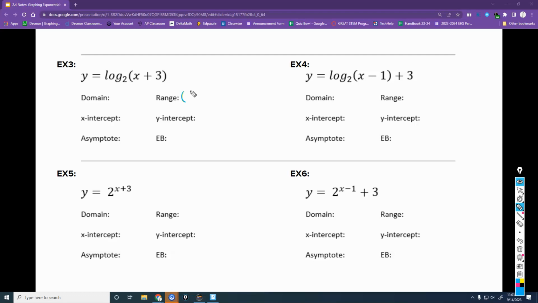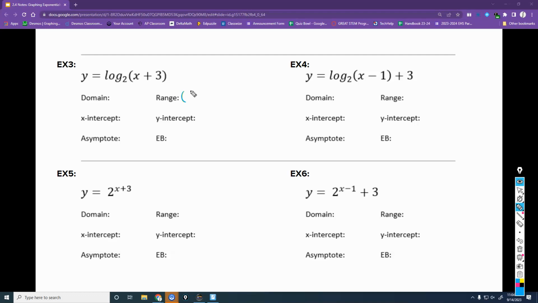EB is end behavior. Whenever it asks for end behavior, you're doing as x approaches negative infinity. If you want to use the arrow instead of writing approaches, you can.